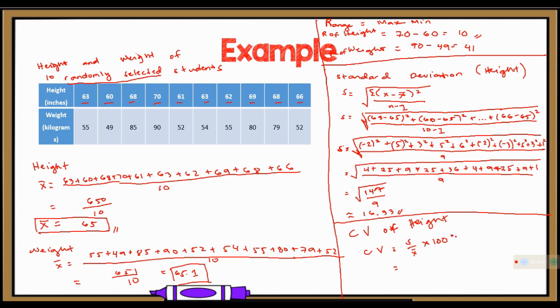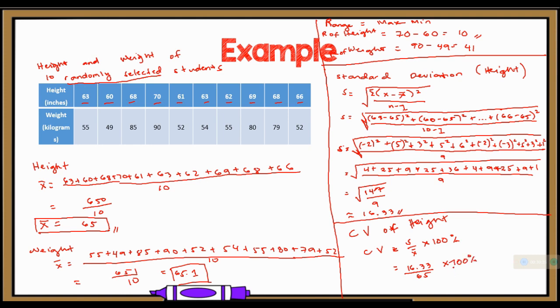So, in terms of percentages nga pala, itong CV. So, we have 16.33 divided by our mean, which is 65. Tapos i-multiply nyo siya by 100%.